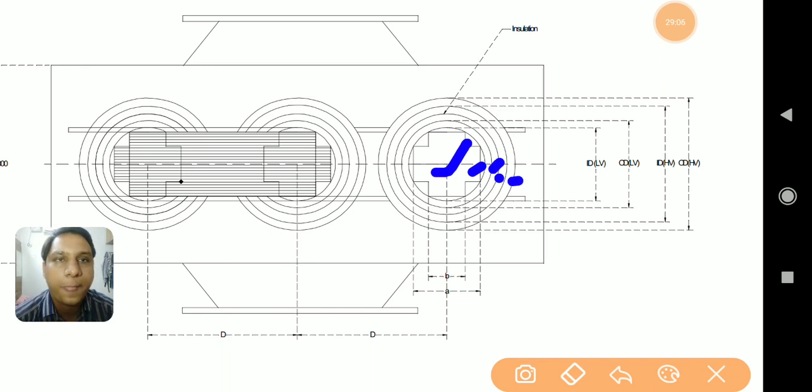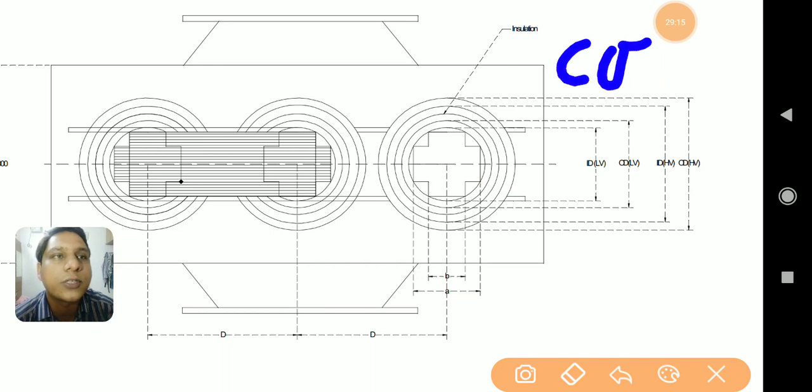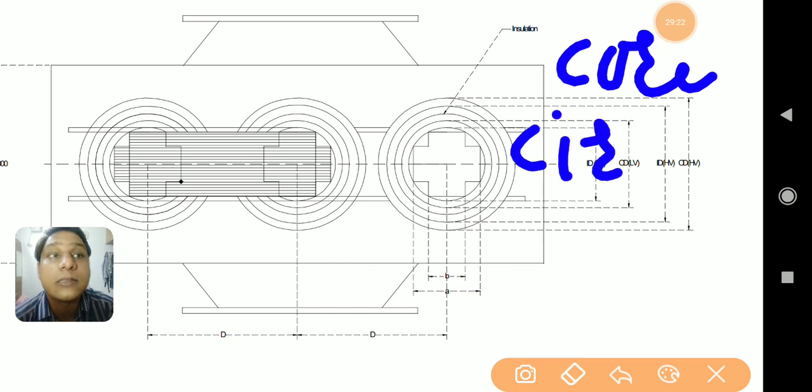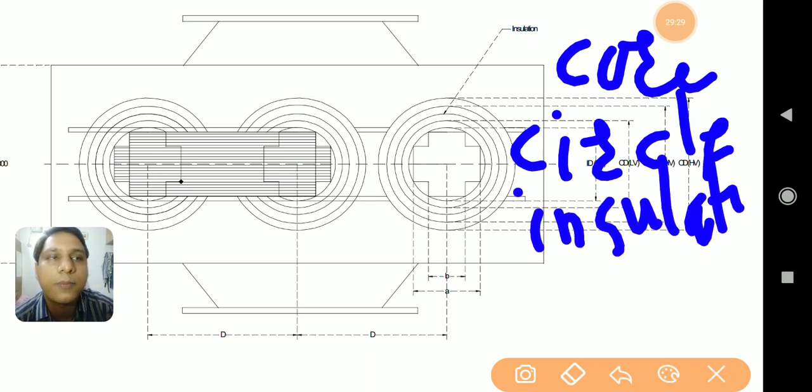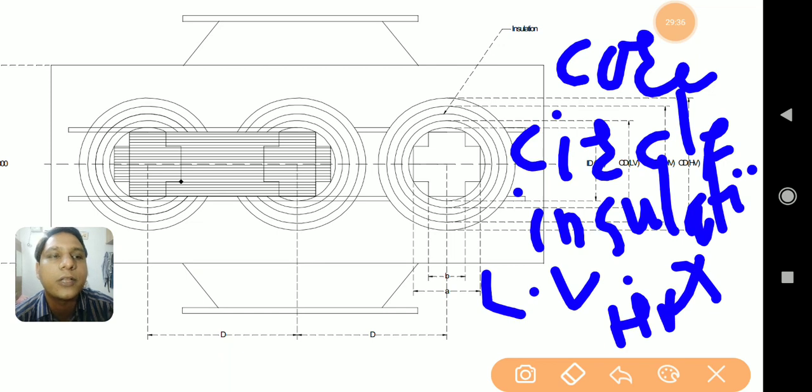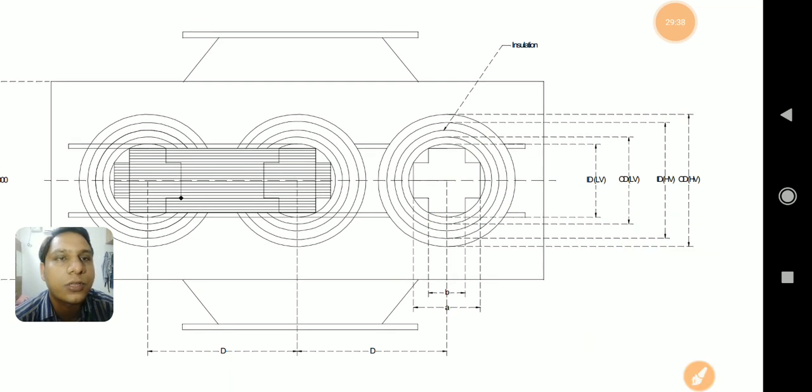So the innermost part in the diagram is the core, which is a cruciform core here. Then there is the circumscribing circle, then insulation, then LV winding, again insulation, and then HV winding. All those parts are represented over this circle.